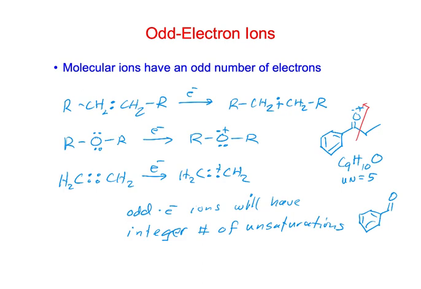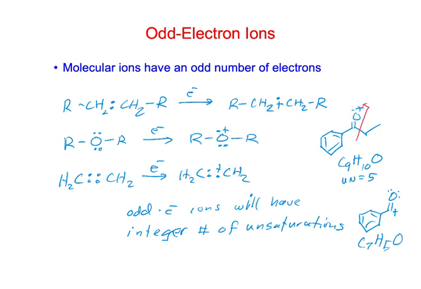It's got a couple of different resonance structures. We'll just draw it like this. So this ion has a formula of C7H5O.